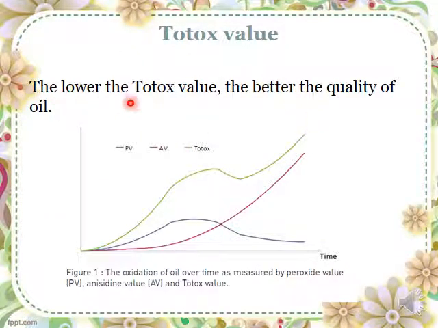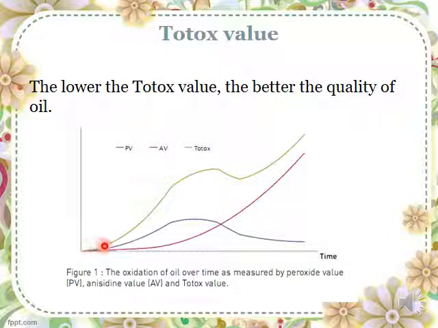So the lower the Totox value, the better the quality of oil. This green curve shows the Totox value. This purple curve is the PV value, and this red curve is the AV value. So the formula is Totox value is 2 times PV plus AV.